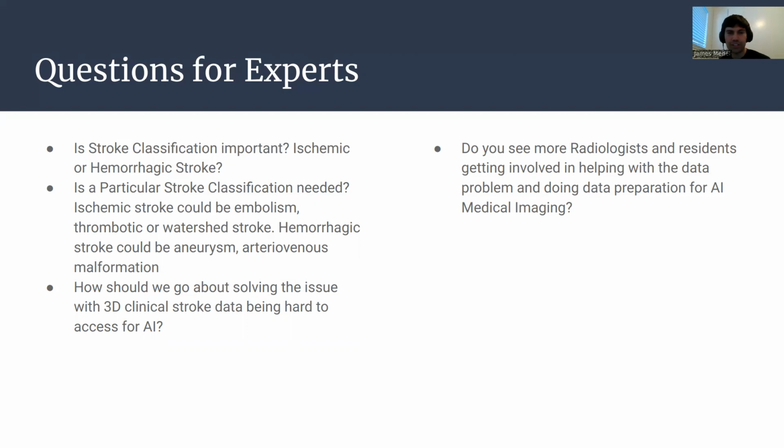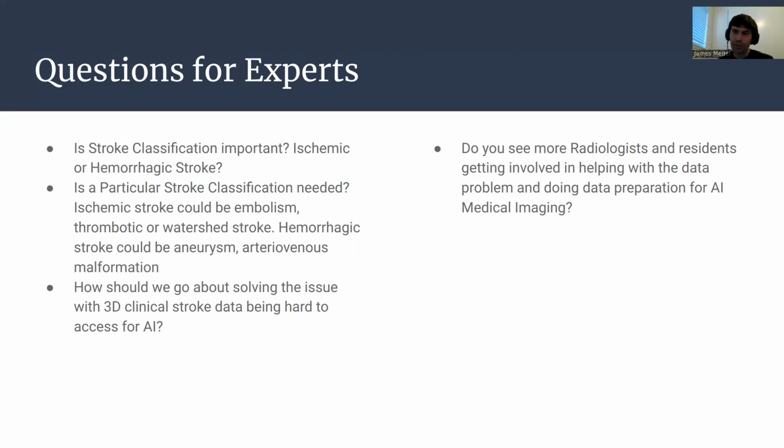Another area is looking at the data set. With Kaggle and a lot of these grand challenges that come out for medical imaging data sets, typically the data is provided in 2D or 2.5D.